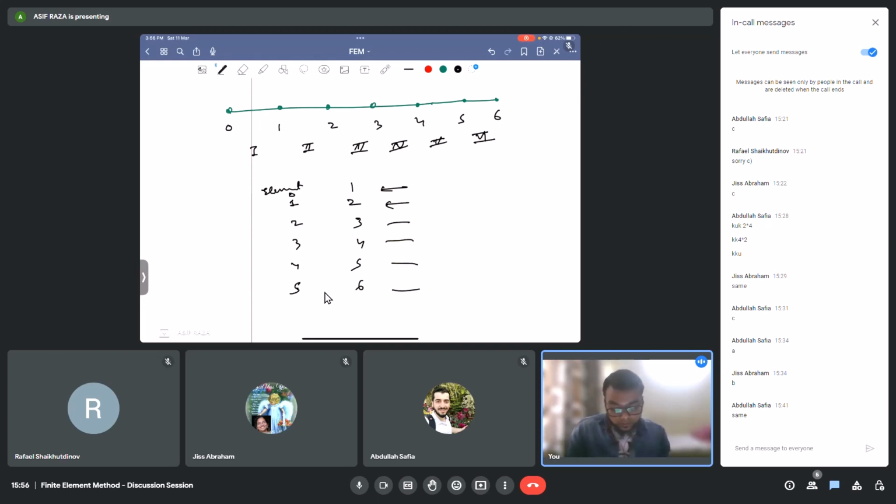So what does this element connectivity say? My first... I hope I'm not making a mistake.